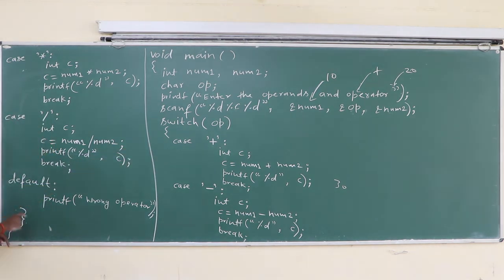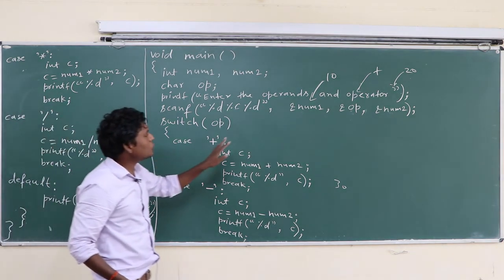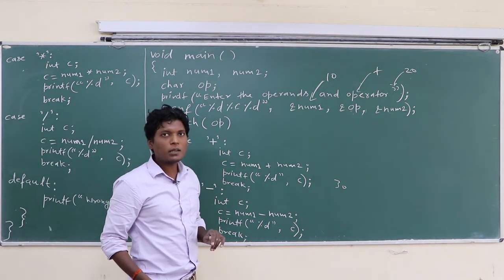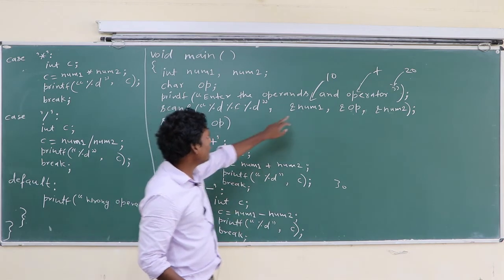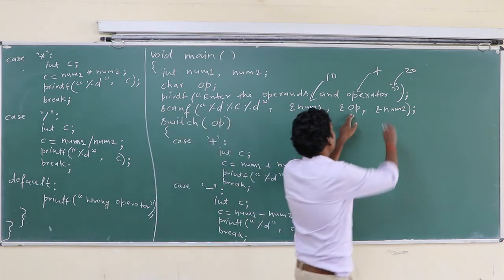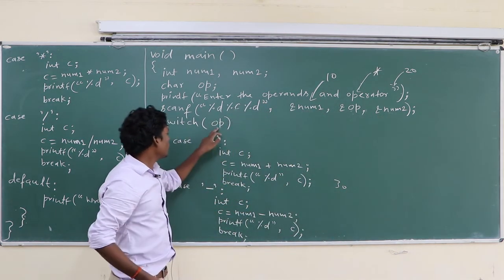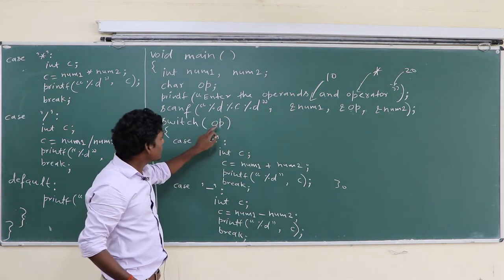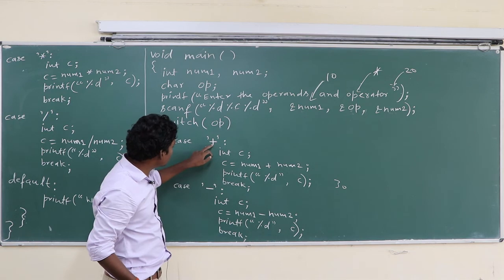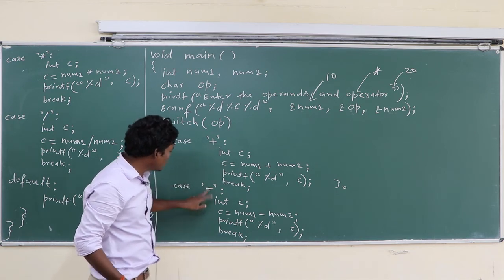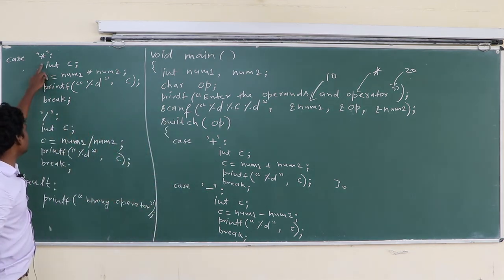Class, suppose user inputs 10, then the multiplication symbol, and then 20. This multiplication symbol matches with this, no. With this, no. With this, yes.